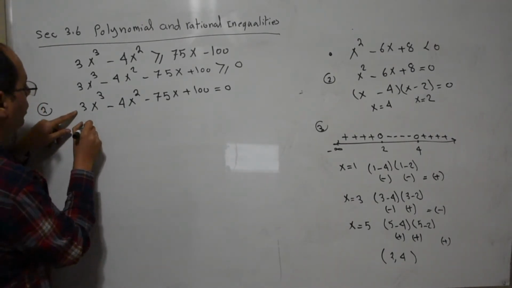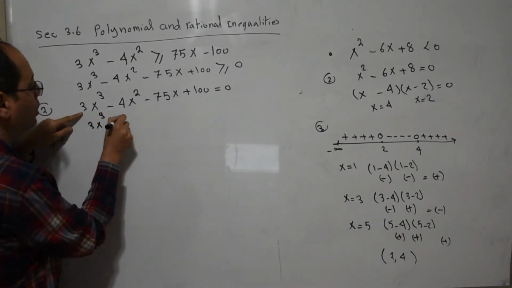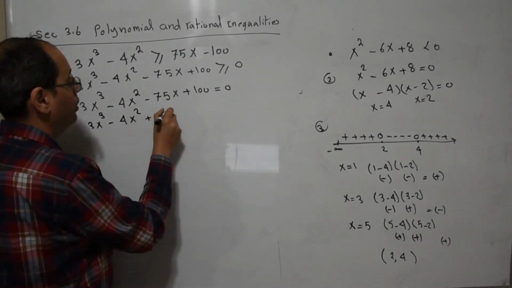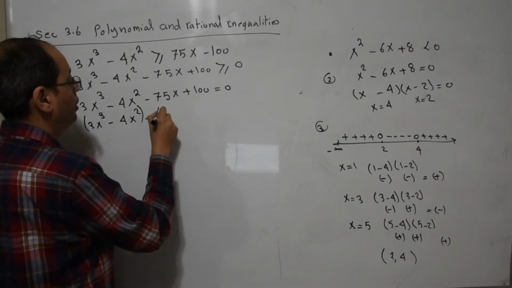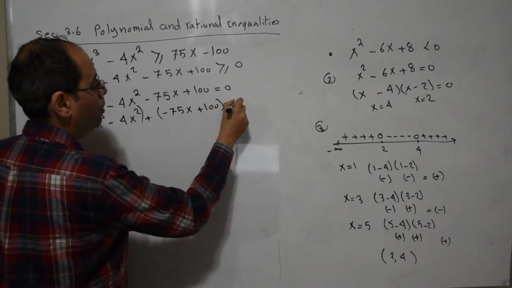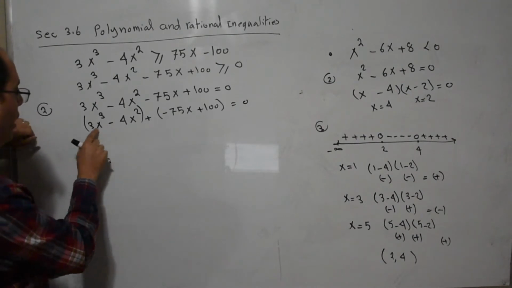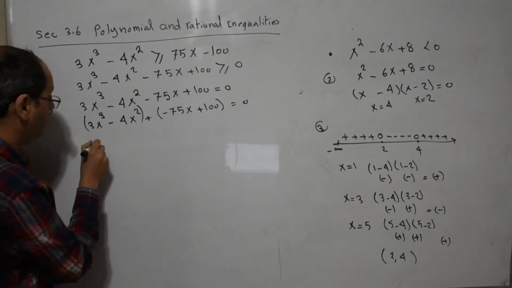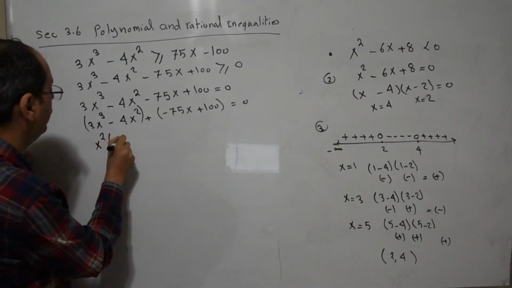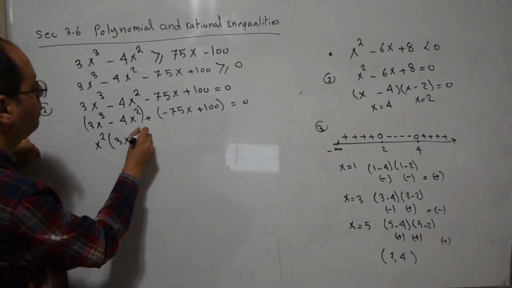Okay, so I'm going to factor by grouping: 3x cubed minus 4x squared, and then plus negative 75x plus 100, which again equals 0. Alright, so I see that I have a common factor here, x squared. I have x squared, so I have left here 3x, and here is minus 4.